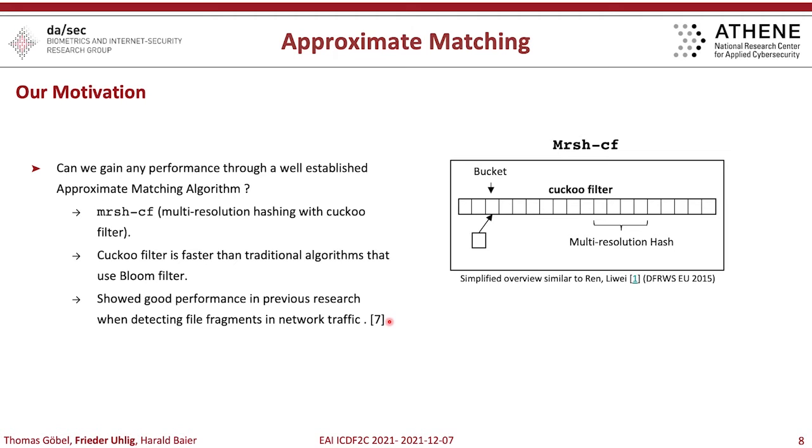It's very easy to scale. We've done some research on how to detect file fragments in network traffic, and we were able to get our detection rate up to 4 gigabytes per second. And we looked onto this challenge of device identification through IoT traffic traces very optimistically.